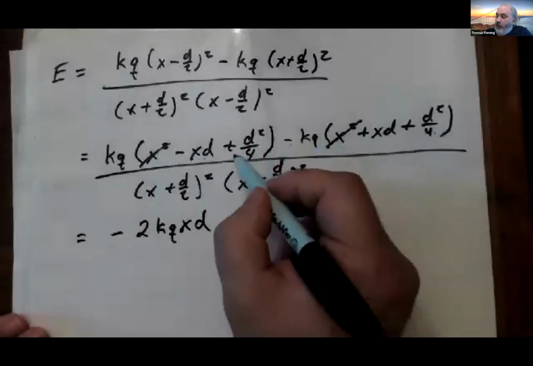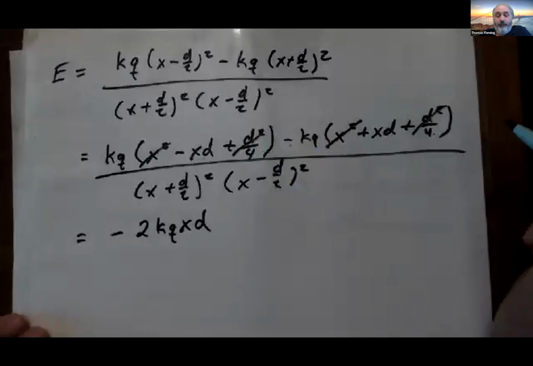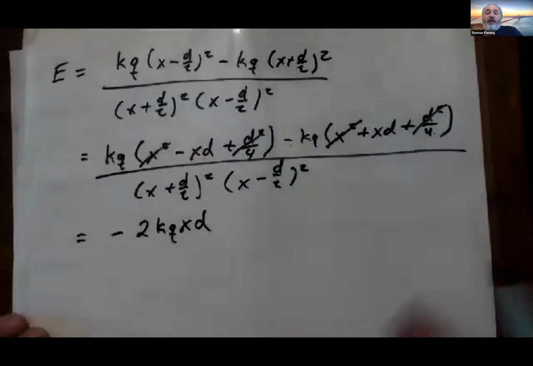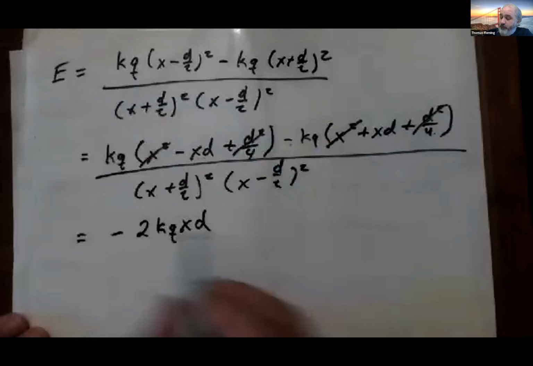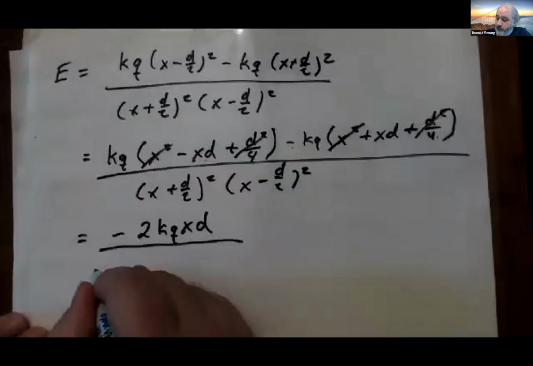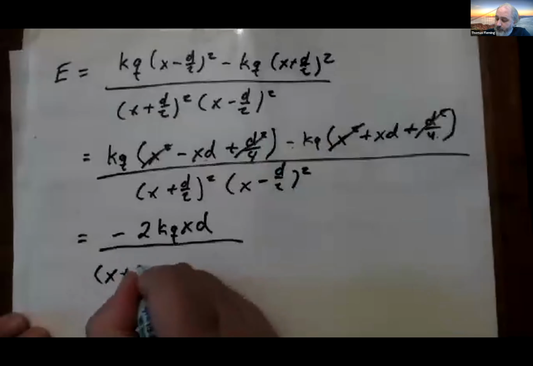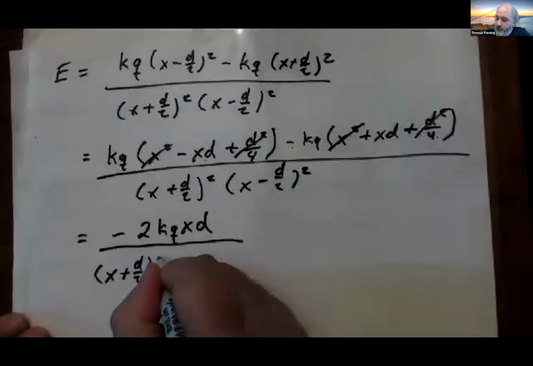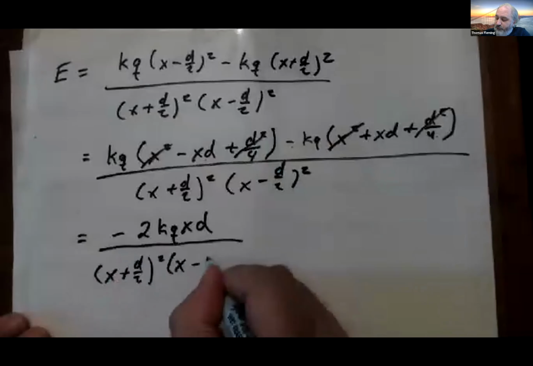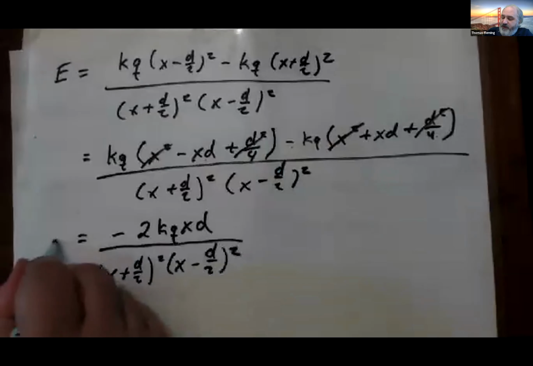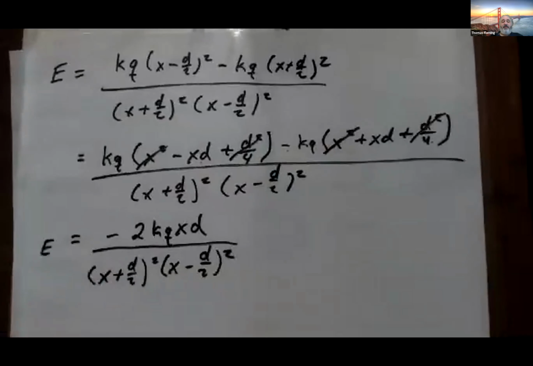That means this term and this term cancel. So that got way easier once I FOILed it out and combined like terms. Not really so bad at all once I do it this way. So here I've got my total electric field given by this.